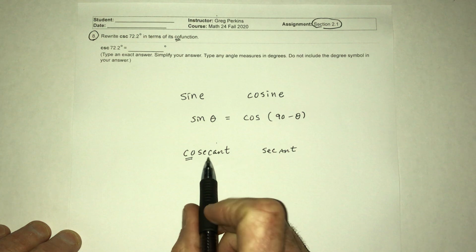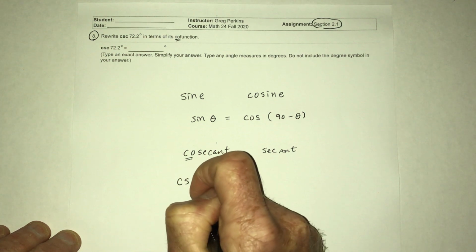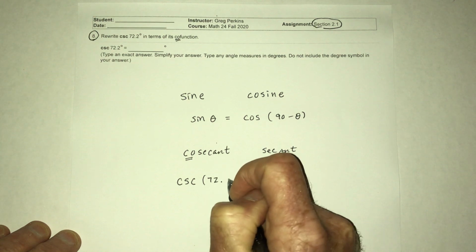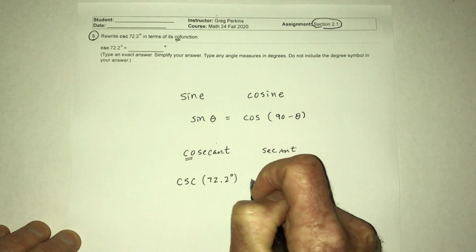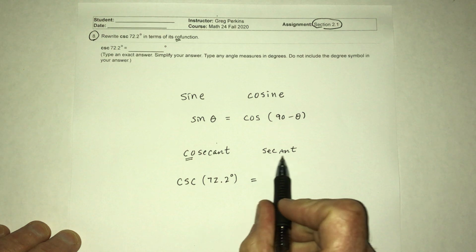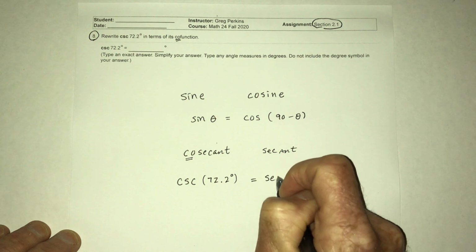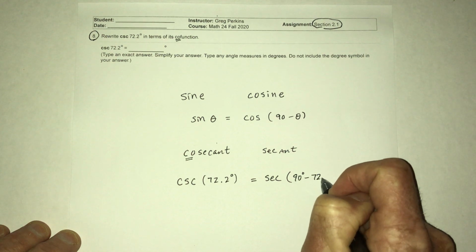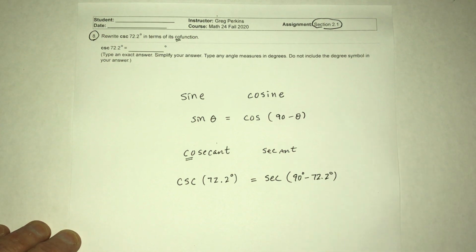And if they say cosecant of 72.2 degrees, well then its cofunction is secant, and it's going to be 90 minus 72.2 degrees.